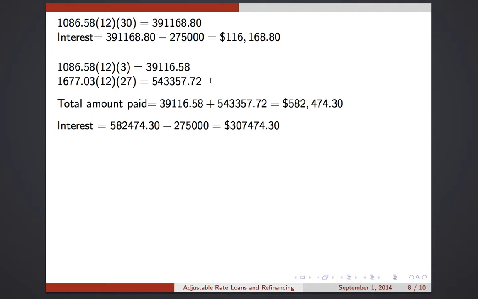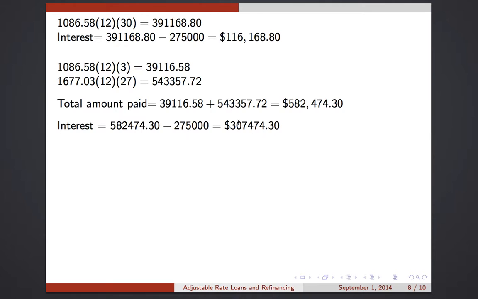Right? Ouch. So the total amount that you pay is the total amount from the first 3 years plus the total amount from the next 27 years, and you get a grand total of $582,474.30. So when you take that amount and subtract off your principal, you get an interest amount of $307,474.30.